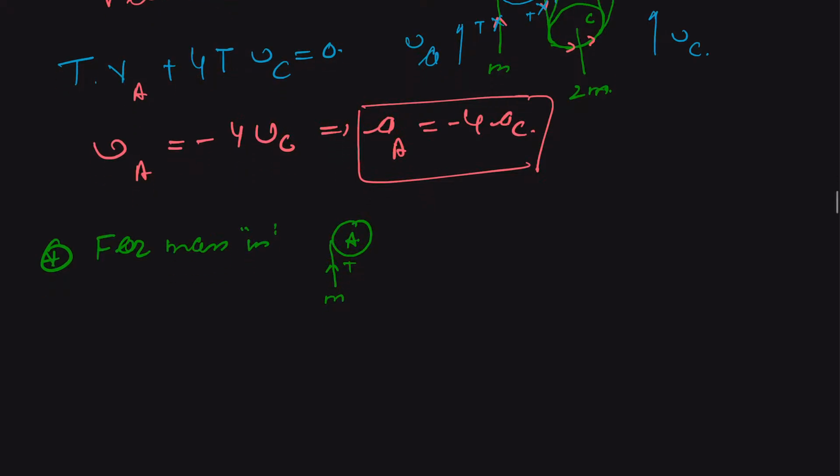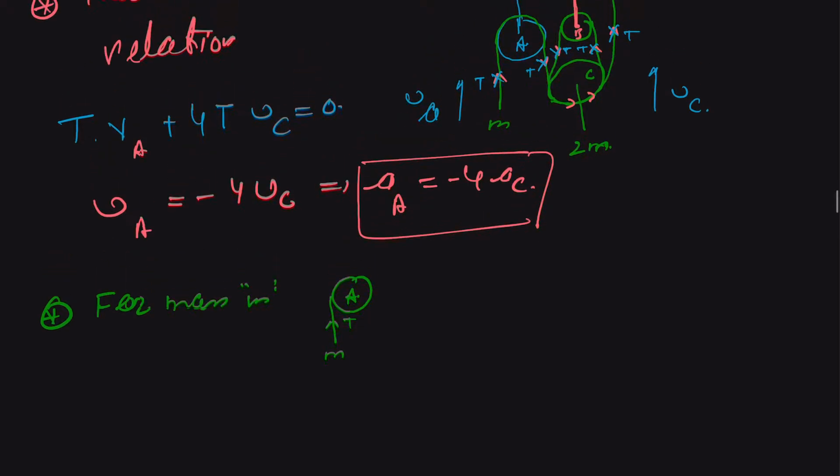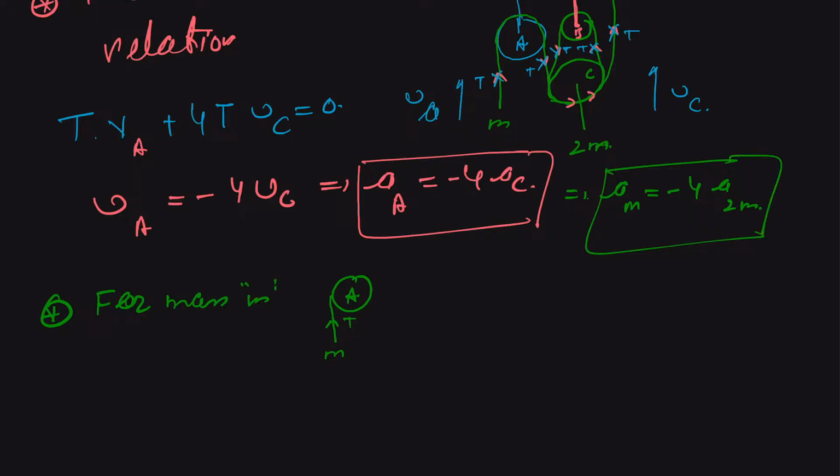we can say that our, one second, okay, so let me write this equation in terms of the mass. So this is our acceleration of mass M minus 4 times acceleration of mass of 2m. Okay, not in terms of the pulley, much easier.